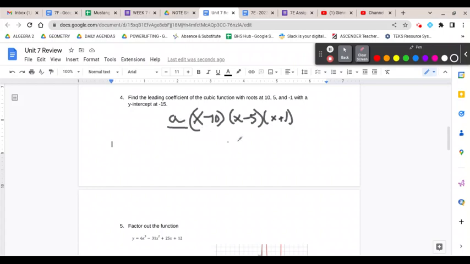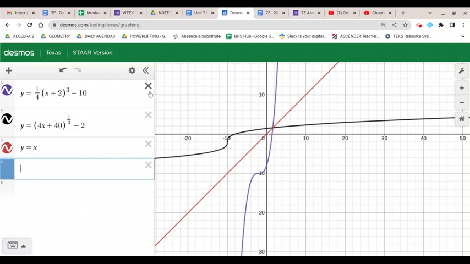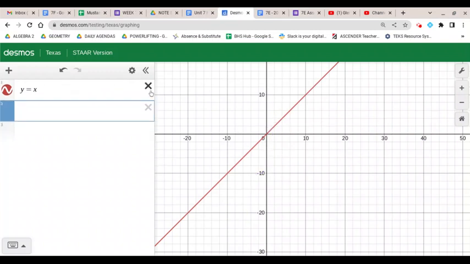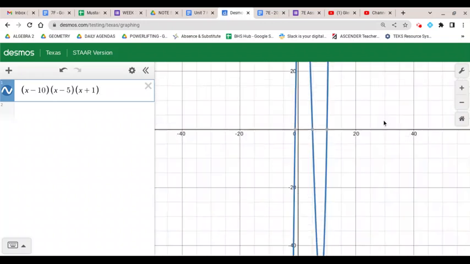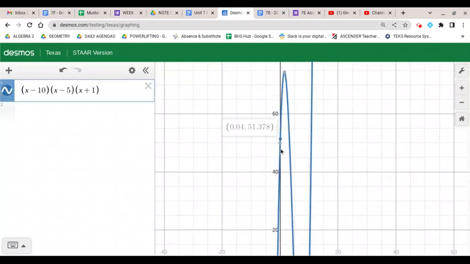So we graph this, x minus 10, x minus 5, x plus 1, and we see we have a y-intercept here at 50. On this graph here, our y-intercept is 50.